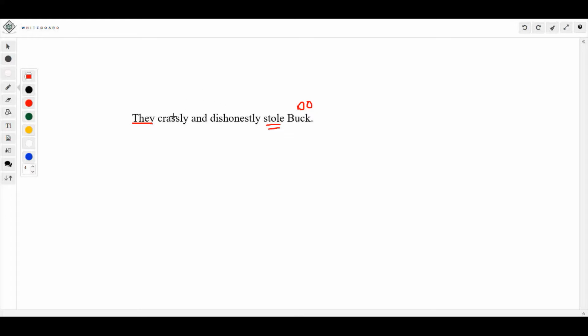Did you say adverbs? They're adverbs. One way you can tell is because they end with ly. That's just kind of a sometimes trick that works. Doesn't always work. But the ones that end in ly, they tell how it happened. How the verb happened. So the verb is stole. So how did they steal? Crassly and dishonestly. That's why they're adverbs.